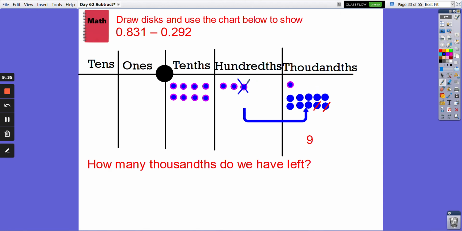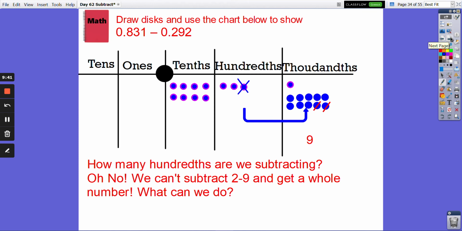Okay, now remember, this here changed to 2 hundredths. So I cannot this time subtract 9 hundredths from 2 hundredths. So again, I'm going to have to regroup. I can't do that and get a whole number, so I have to regroup.